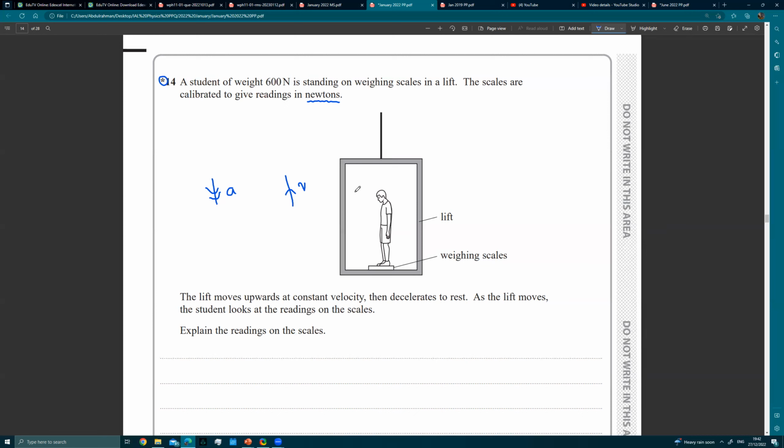So it's constant in the beginning, so the reading stays the same. But then when it starts to decelerate, there's a resultant force downwards. And then from there, I'm not sure.